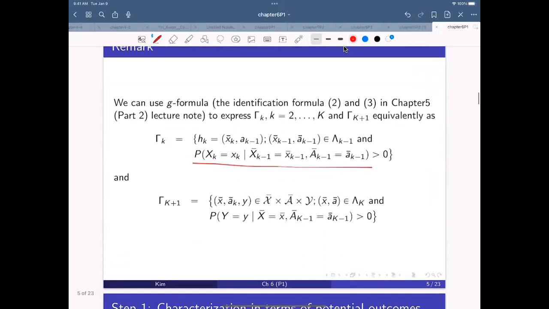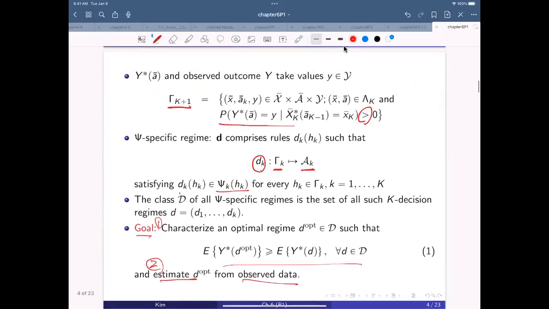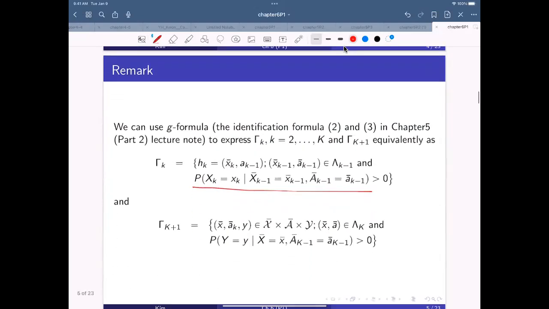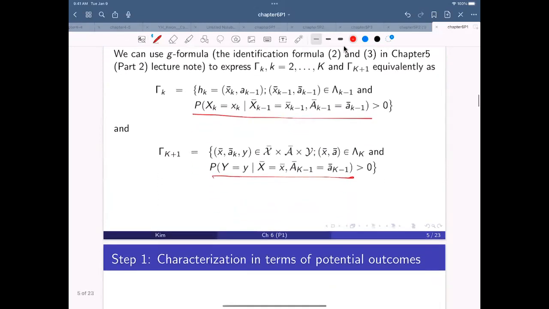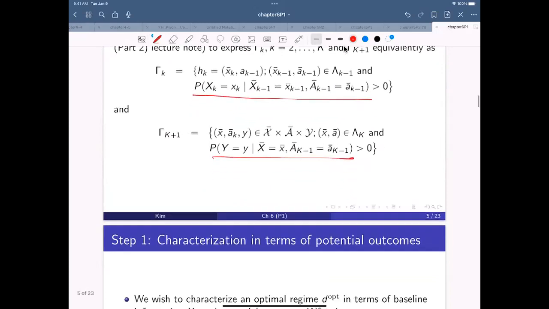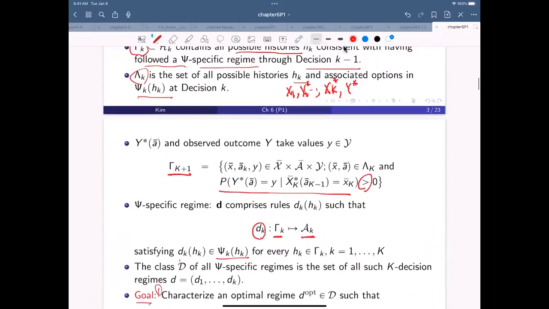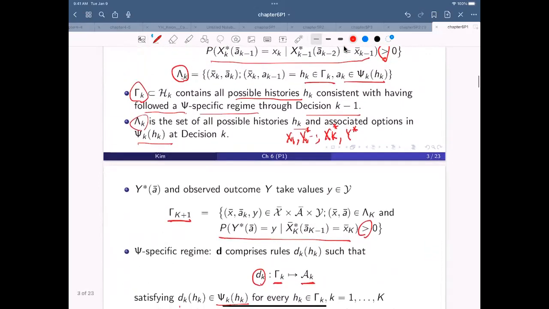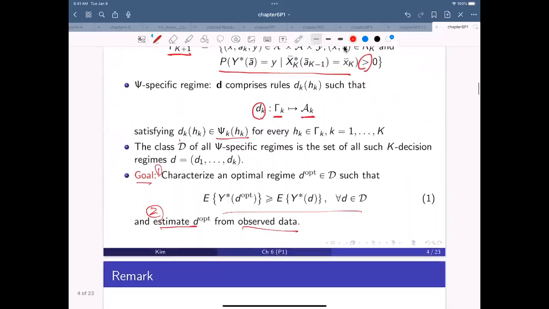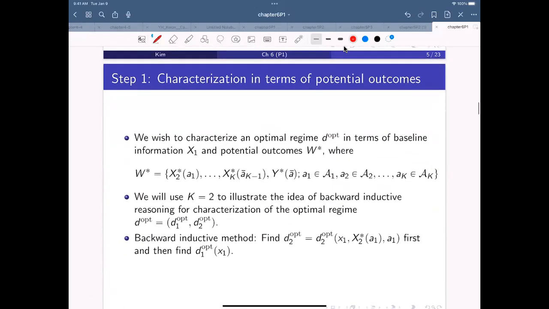In the same way, our probability here was written in terms of the potential outcomes, but it is now written in terms of the observed data. This is just a setup, where we reminded the notation, and now we want to really solve the problem.